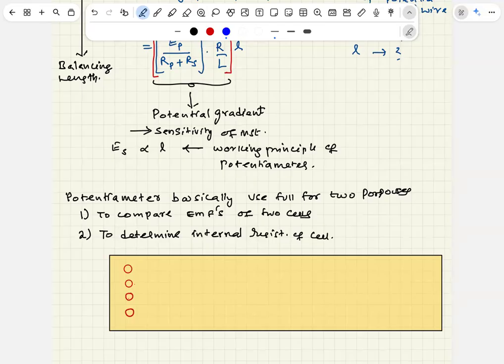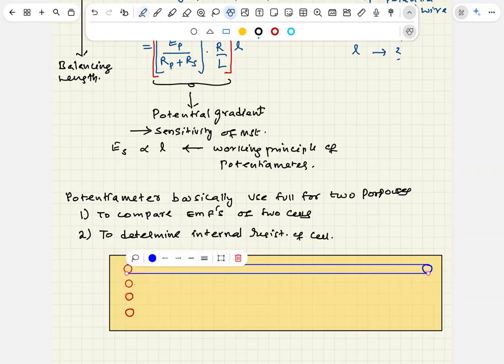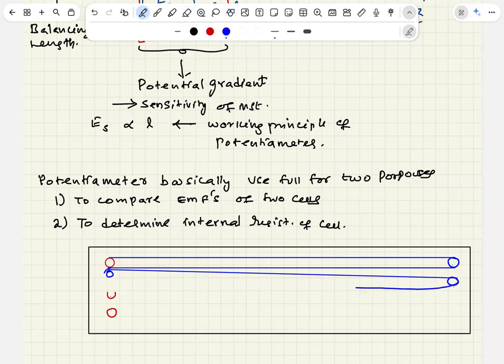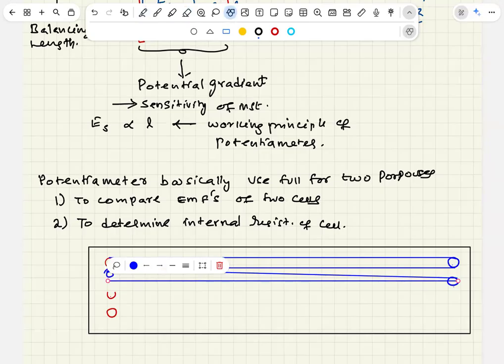So what they will do is, the wire is taken like this. It will make, again, it will make, likewise.